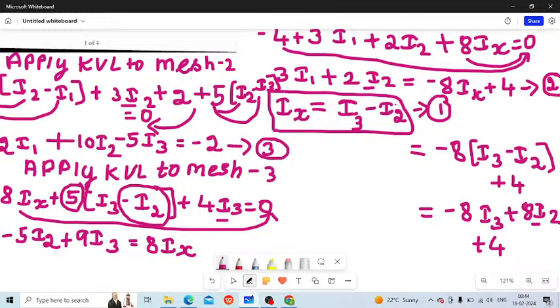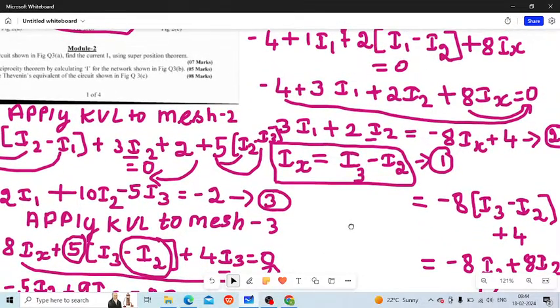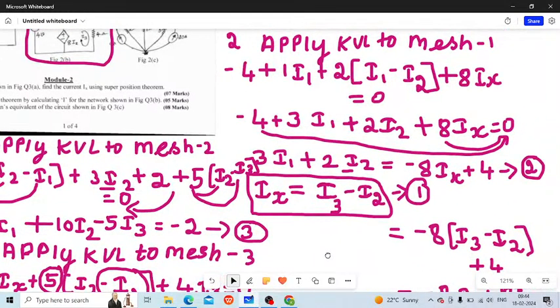So what is going to happen now? Just a minute, I'll just tell you with respect to this. Please wait for 2 minutes, okay? Sorry for the distraction. Yeah, here it is negative 2i2.